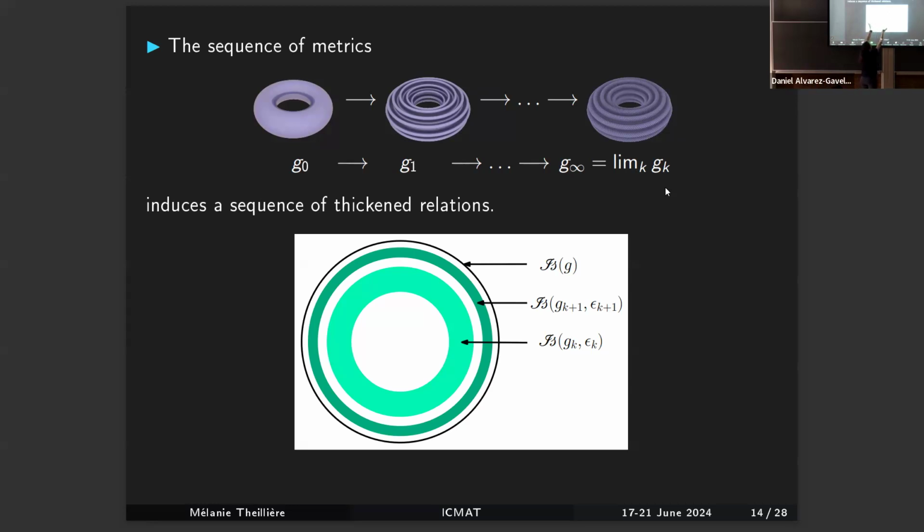So we have, in fact, circles where the radius increases, but the thickening decreases until the wanted relation here in black. Is it fine?